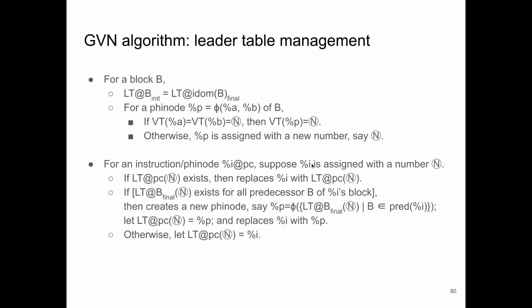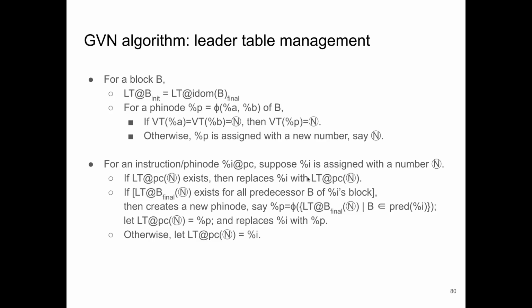And suppose that this %i is numbered with number n. It may be an existing number or it may be a new number, but regardless, let's assume that this i is numbered with n.